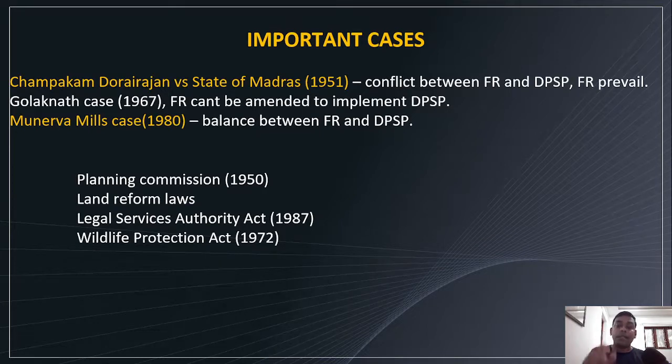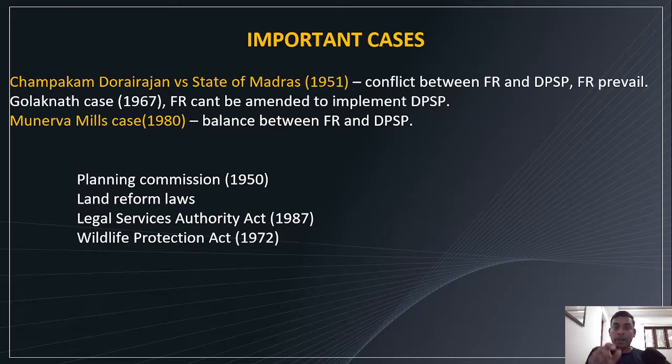DPSP says there is something that should be done for the welfare of the people. Government has to do it, or government has the power to do it. In the case of fundamental rights, government has no power to do it. But in the case of DPSP, government has the power to do it for the welfare of the people, right? Hope you understood both obligations, negative and positive.